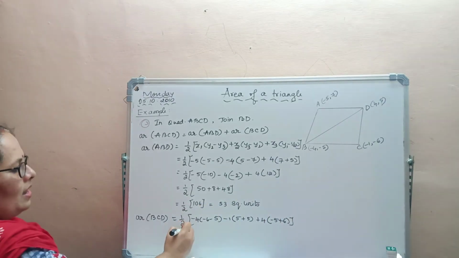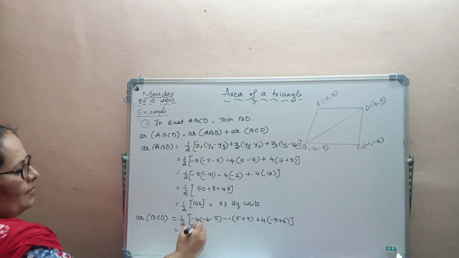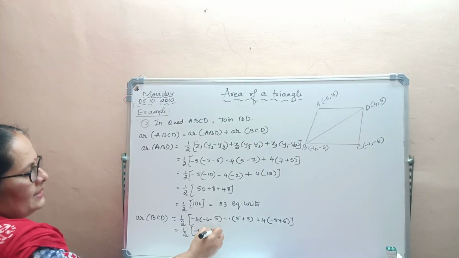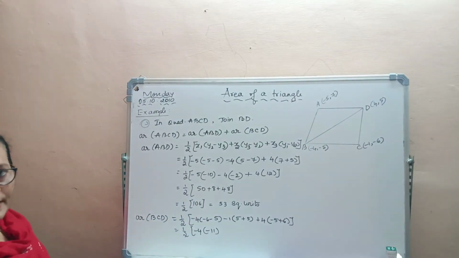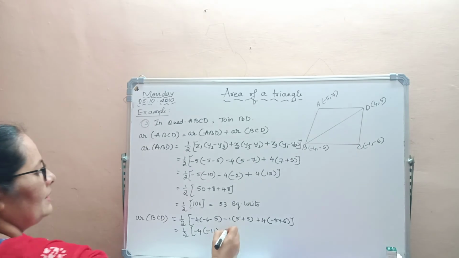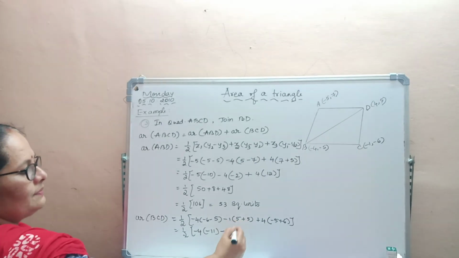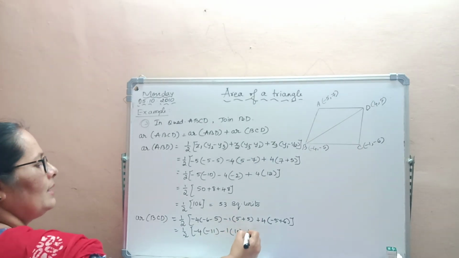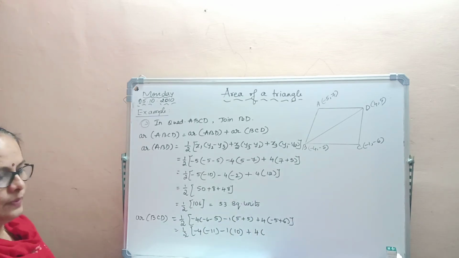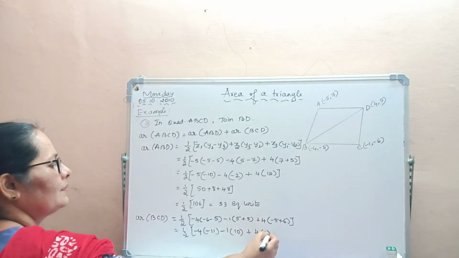So which is half into minus 4 into minus 11, minus 6 minus 5 is minus 11, minus 1 into 5 plus 5 is 10, plus 4 into minus 5 plus 6 is 1.